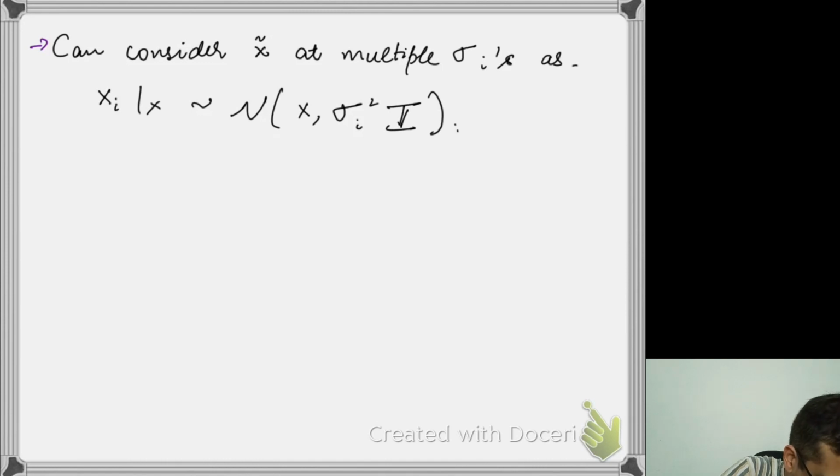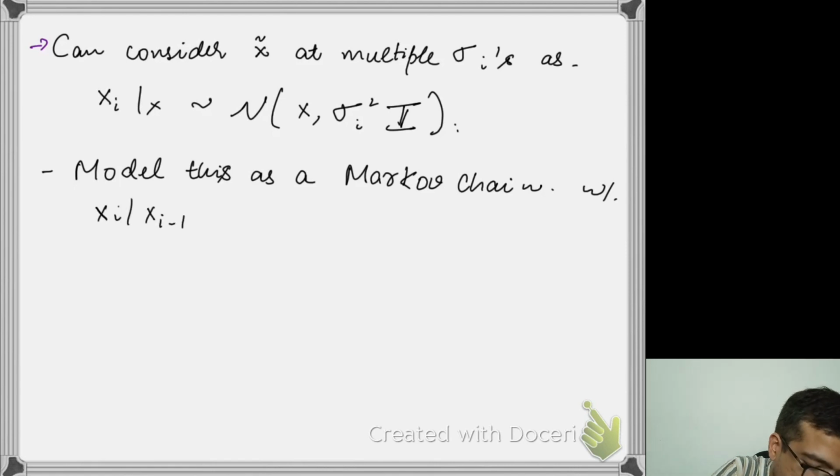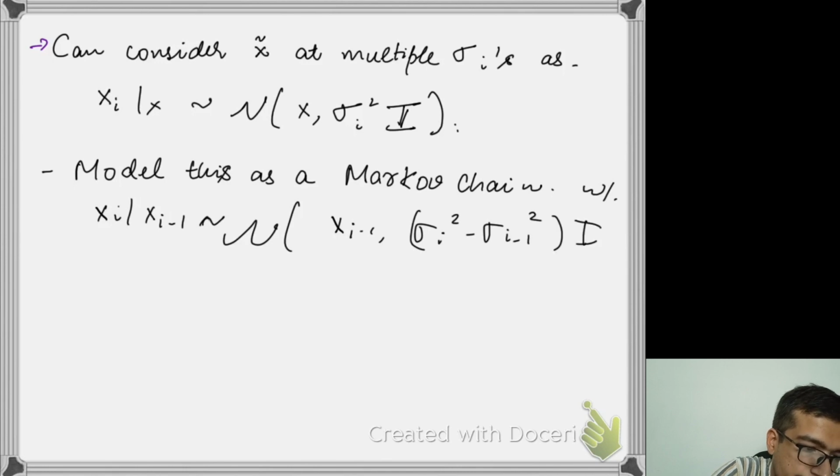We can model it as a Markov chain, with x I given x I minus 1 normally distributed with mean x I minus 1 and variance sigma I squared minus sigma I minus 1 squared times identity.